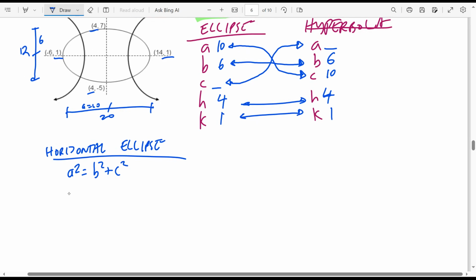So the modified version of that to look for C is going to be A squared minus B squared. That should just be on your memory aid. So now I know C is going to be equal to the square root of 100 minus 36. So my C value is going to be equal to 8. So that means if this guy is 8, this guy is 8.